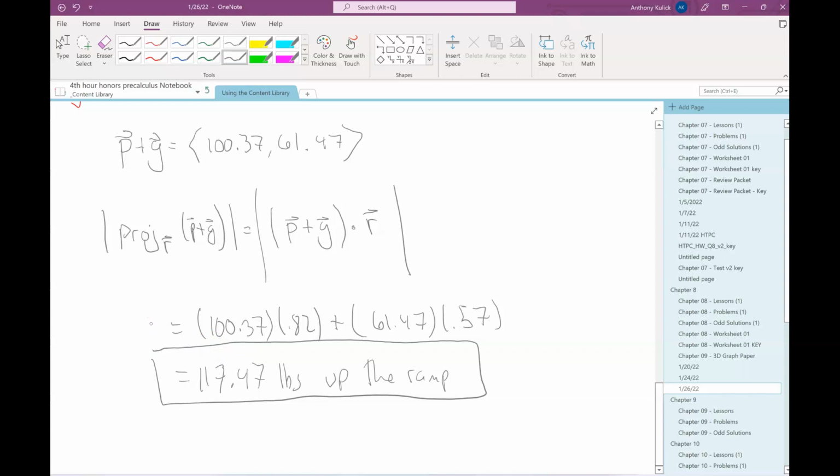So not really any harder than the previous problem, but you had to recognize that you had three vectors going on. What's up? Oh, okay. You just had to recognize there are three vectors going on, and then add the two that are interacting with the ramp vector, and then do your projection, which again wasn't too bad, especially since the ramp vector was a unit vector.